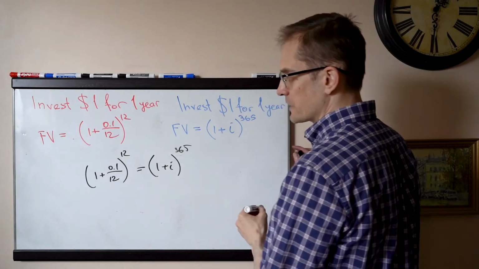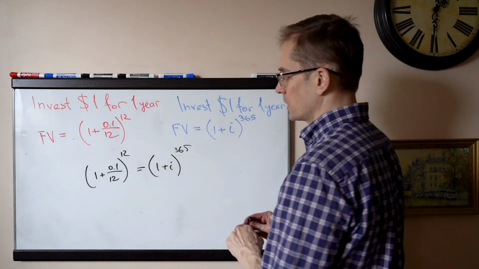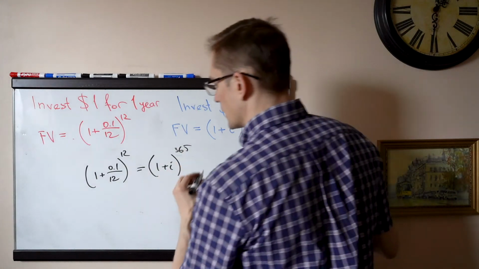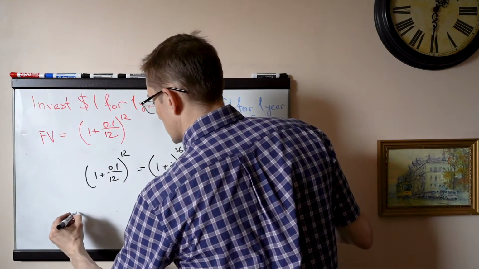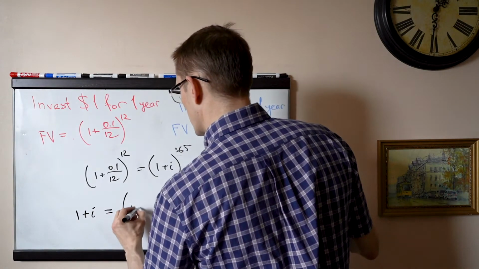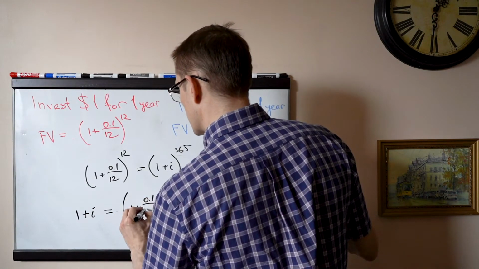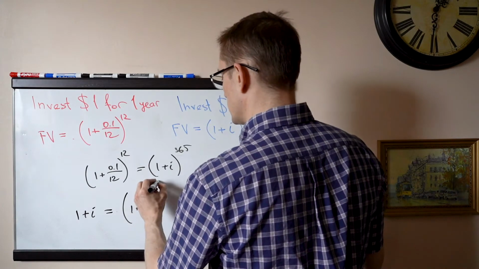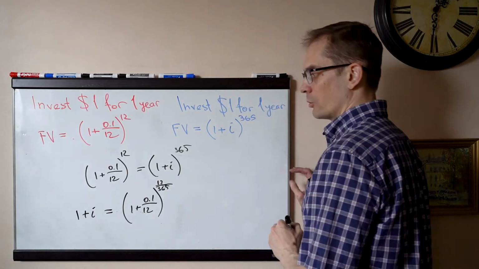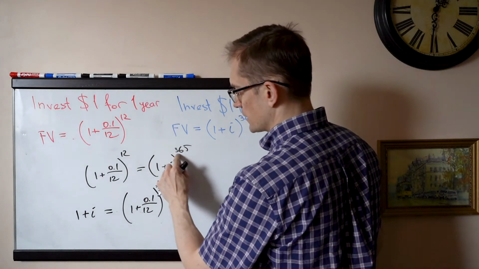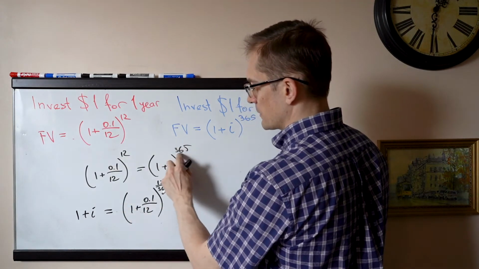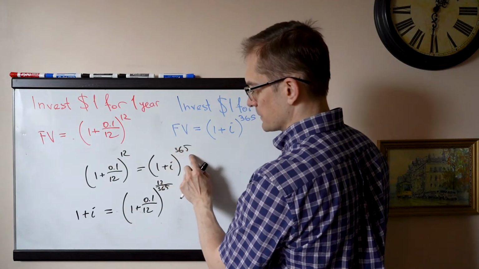We can use the technique we already learned, and that is taking the root by this exponent 365, right? So 1 plus I from here will be 1 plus 0.1 divided by 12, to the power 12 over 365. Why? Because we take the 365th root of this side and we do the same on this side, to get rid of this 365, right?